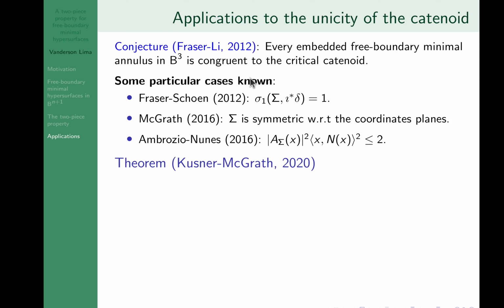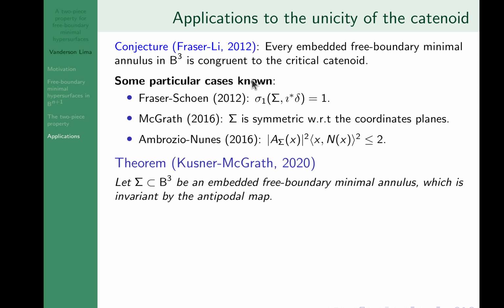So in 2020, using my graph, proved that if an embedded free boundary annulus is invariant by the antipodal map, so it is a hypothesis of symmetry, but different from the previous hypotheses, then sigma is congruent to the critical catenoid.